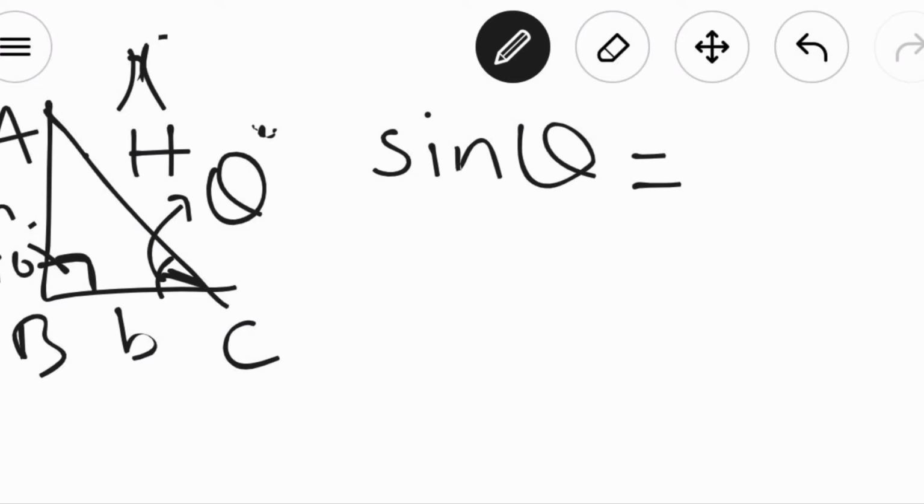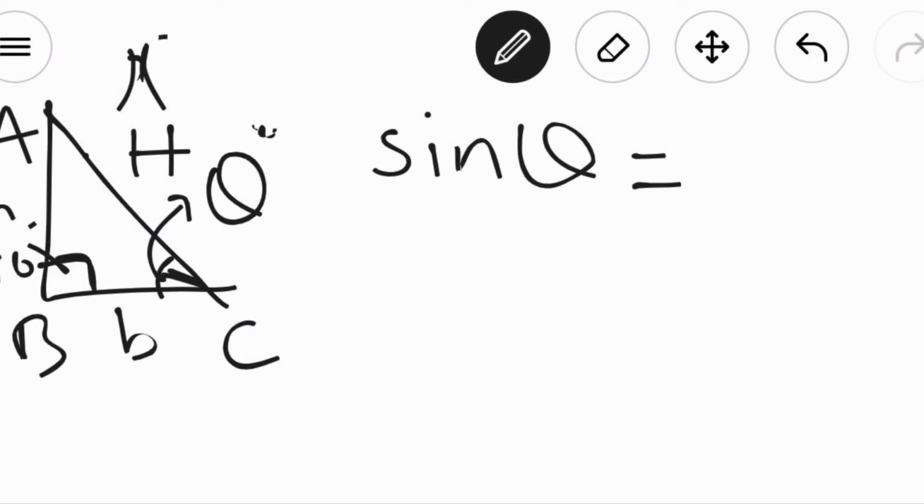Sine of this angle is going to be the opposite side. The alternative terms for height or base depend on the angle. Hypotenuse is a term to remember for sure.